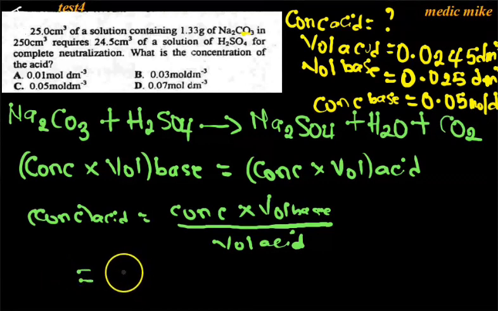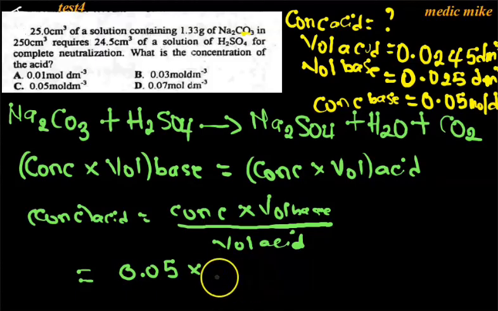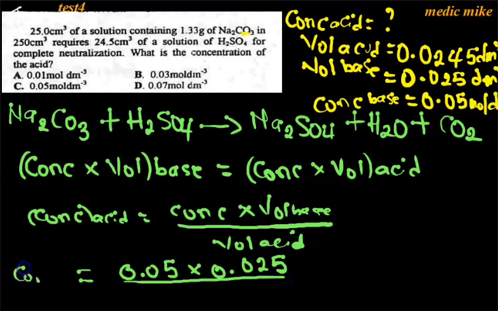So conc of acid will become conc of base, which we just looked for, 0.05, times volume of base, which is 0.025, divided by the volume of our acid, which is 0.0245.